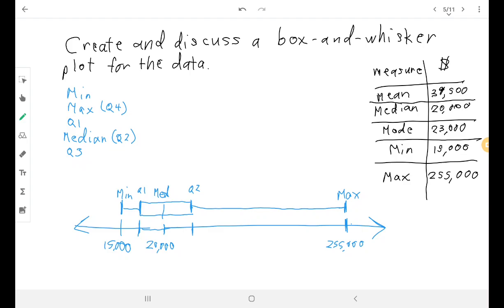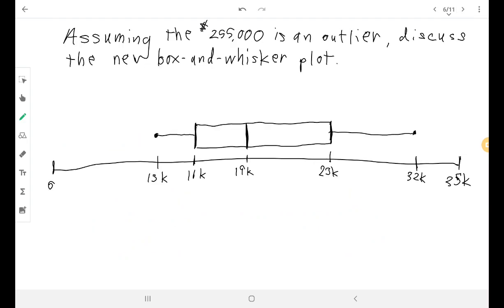And let's move on to our next problem. All right, so here is the actual box and whisker plot. Okay, so this is for that same company. Here's our minimum salary. Here's our maximum salary if we take out the 255,000 salary, the outlier salary.